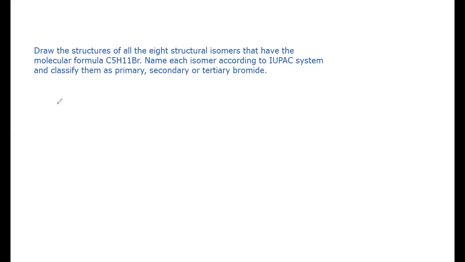First of all, we will make normal pentane, 1, 2, 3, 4, 5 and 1 bromine I'll give. Second, it is understood that hydrogen is there. Second, I can bring this bromine over here. But if I bring this bromine over here, then it will be a positional isomer, and positional isomer is also a type of structural isomer. So it is okay.